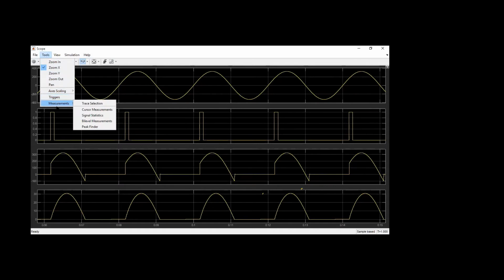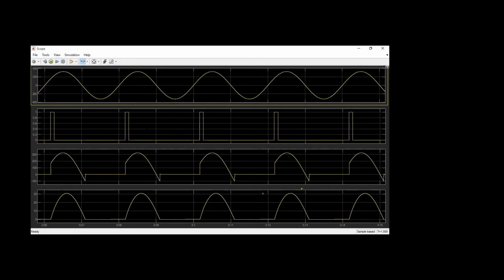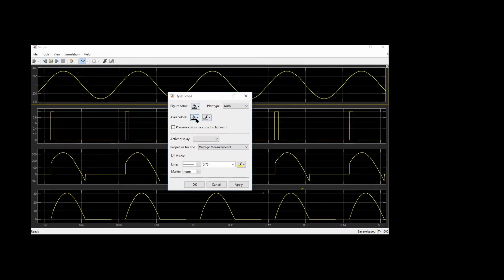If you are using the 2014 version, figure properties will be there. Otherwise, in 2020 and other versions, go to the style or legend, click on the style. So you can select the figure color or axis color, even the color of the diagram, and the thickness of the line can be selected. Even 2 I can keep.